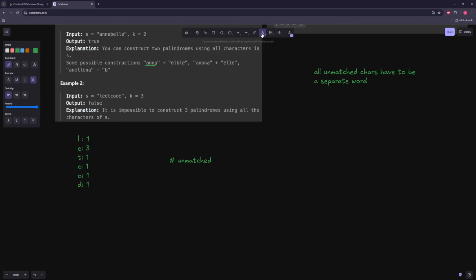Well, the upper bound is everything else we can put wherever we want, right? Let's say we have 10 unmatched characters, and let's just say we have 100 pairs. Well, we can take as many pairs as we want and add it to one word. Like we can have an A and put 50 pairs here, right? We can have BB, CC, whatever, and then put an A in the middle, and that's a palindrome.